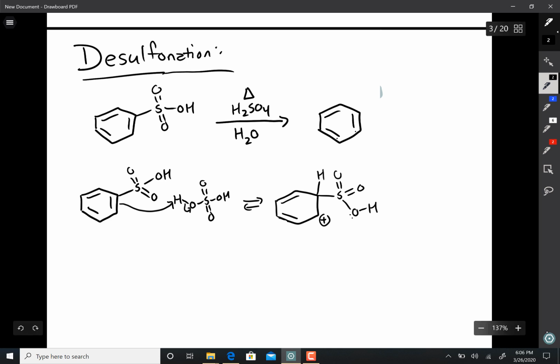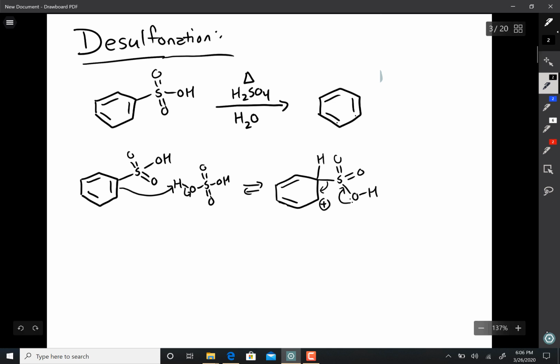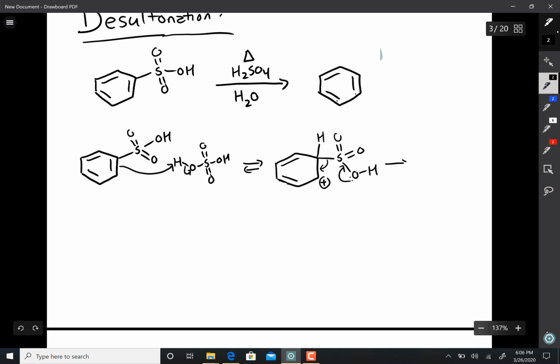And then you use the electrons from the OH to swing down, and they kick the carbon-sulfur bond over to establish the benzene ring.